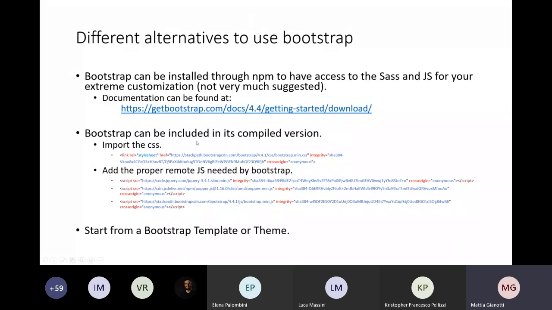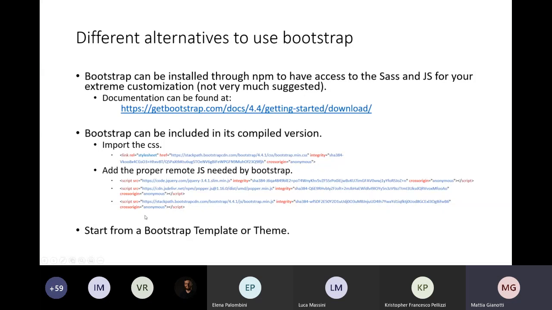Remember that, no matter what, you need to include both the CSS of Bootstrap and these three JavaScript codes: jQuery, Popper, and Bootstrap. This is very important because using these three elements, Bootstrap performs a lot of interactions that you really want but do not want to program again, because you would waste a lot of time. So please remember to have all three JavaScript files imported properly.